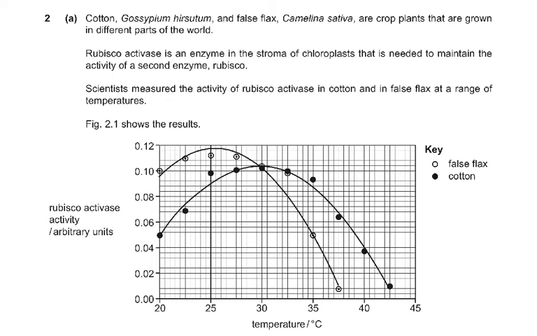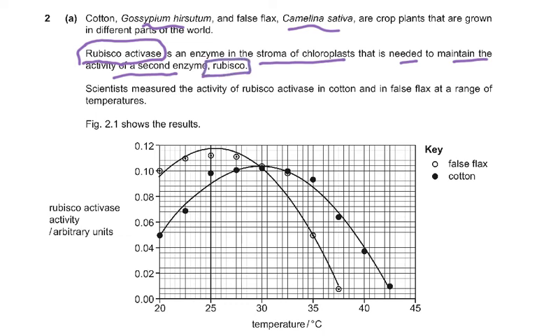Now let's look at question number 2, which is cotton and false flax. I don't read the biological names because that makes me more nervous. They are crop plants that are grown in different parts of the world. Rubisco activase is an enzyme in the stroma of the chloroplast that is needed to maintain the activity of a second enzyme, Rubisco.